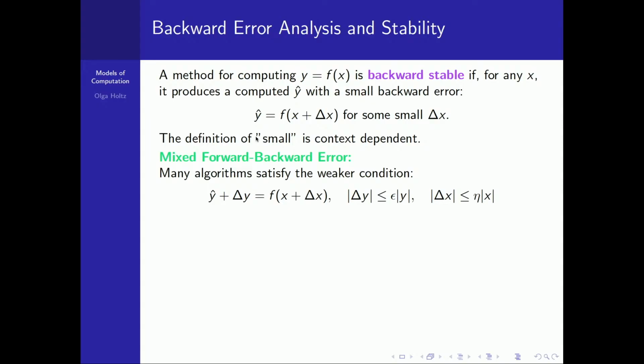Here we say for some small delta x, but what is small is in the eye of the beholder. You might have different guarantees, so the definition of small is up to you. It's very much context dependent.